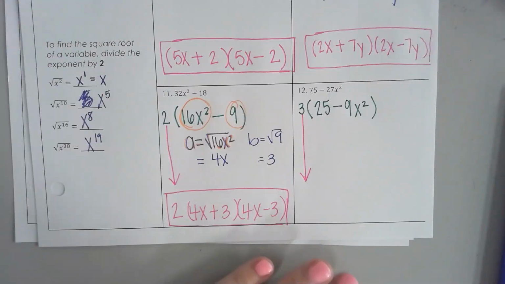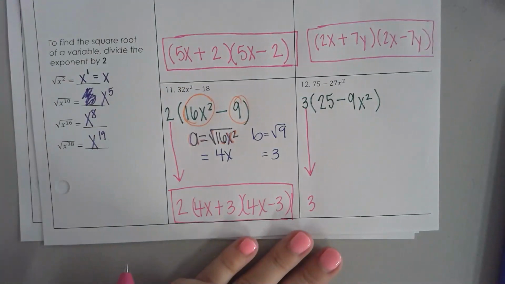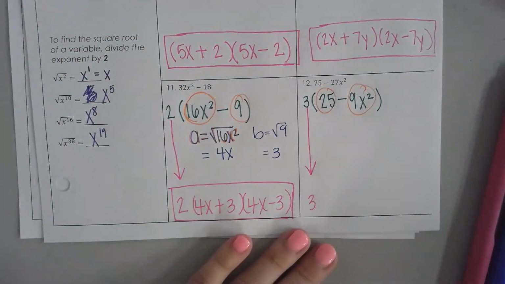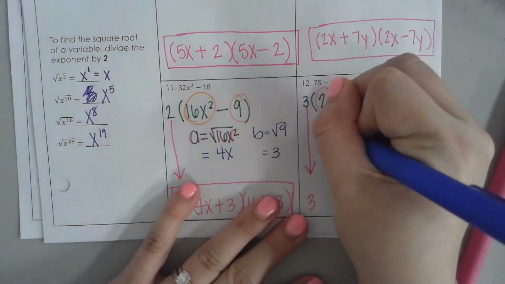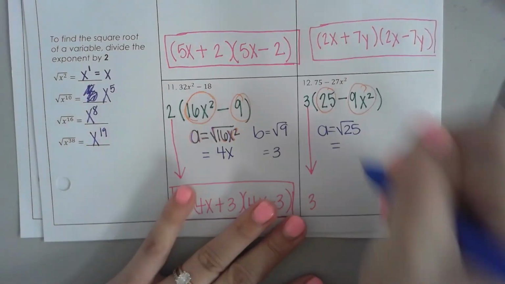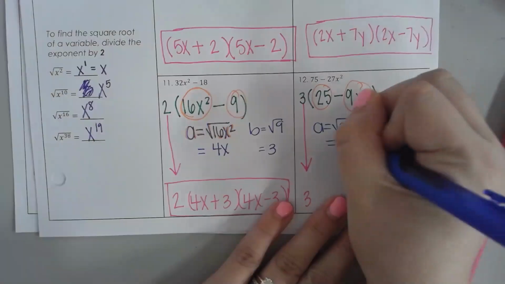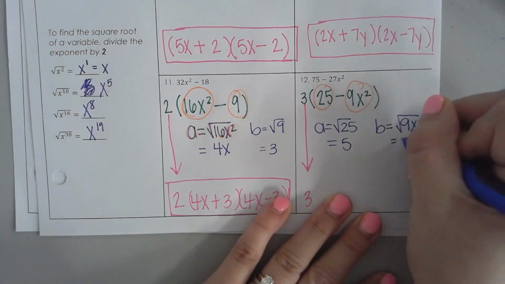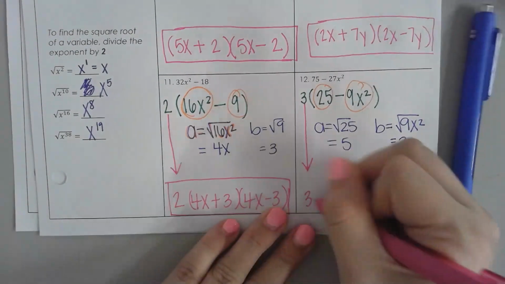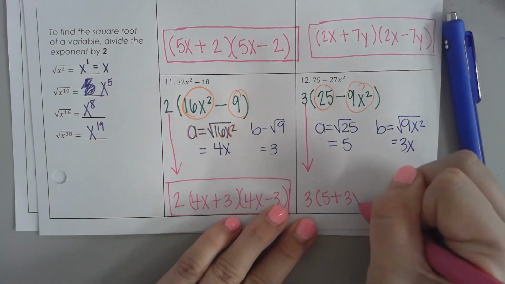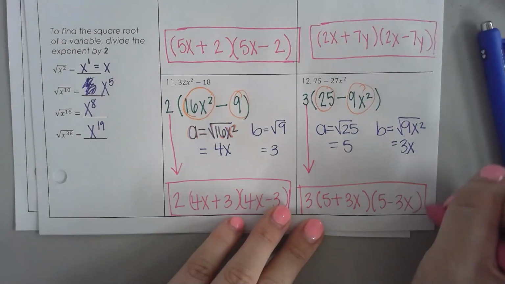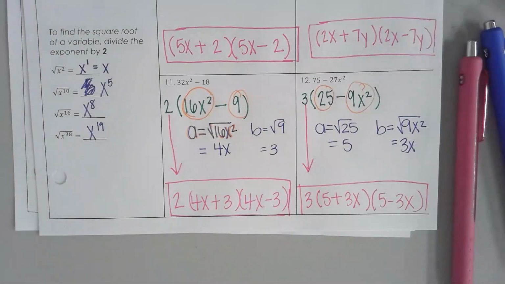The 3 I go ahead and bring down. And then I'm going to get my A and B. A is the square root of 25, which is 5. B is the square root of 9x squared, which is 3x. So I'm going to have a 5 plus 3x, 5 minus 3x. And now we are done.